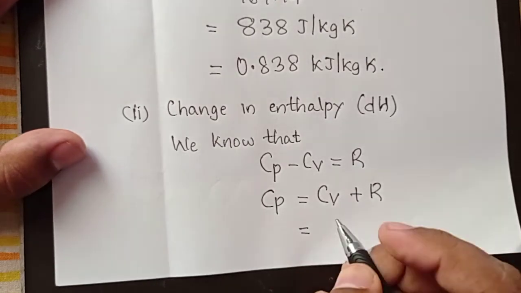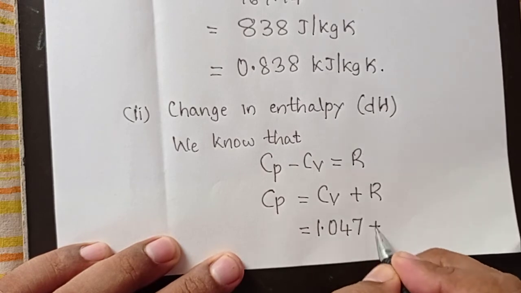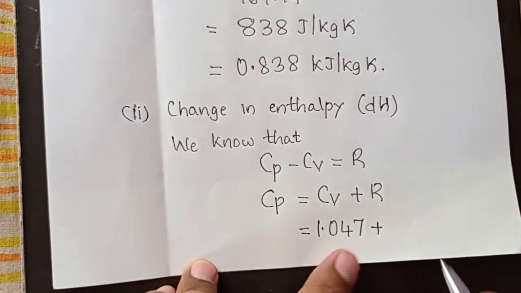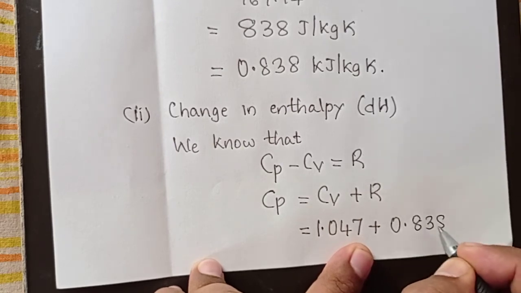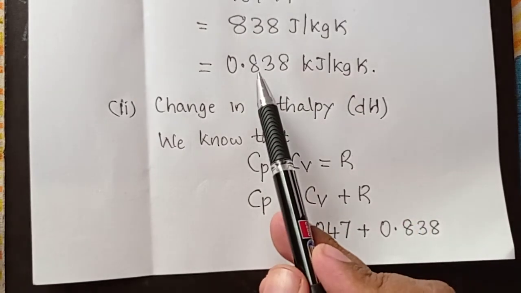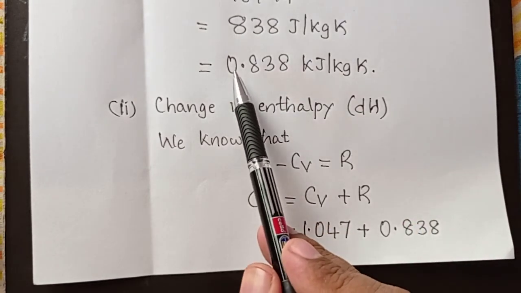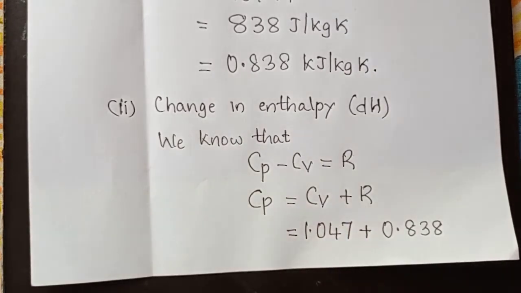Cv value is given in the problem, it is 1.047, and the R value we just calculated, it is 0.838 kilojoules per kg Kelvin. So take these two values, substitute in the equation, and we will get the value of Cp.